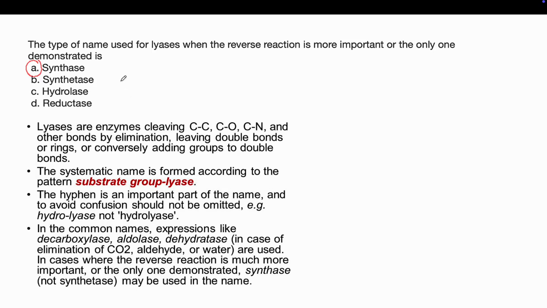Basically all reactions are reversible in nature, but here only the reverse reaction is important, those involved in decarboxylation or dehydration, the elimination of CO2, aldehyde or water. That's why the name synthase is used instead of synthetase.